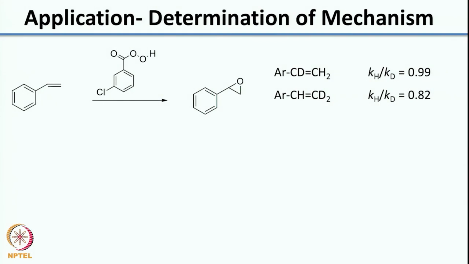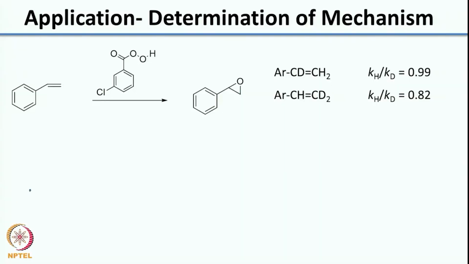You have your double bond getting converted to an epoxide using a reagent which you must have heard as MCPBA, that is metachloroperbenzoic acid. What I would like you to do is, again press the pause button on your video, write the mechanism for this reaction and see if you can justify the kinetic isotope effects observed.